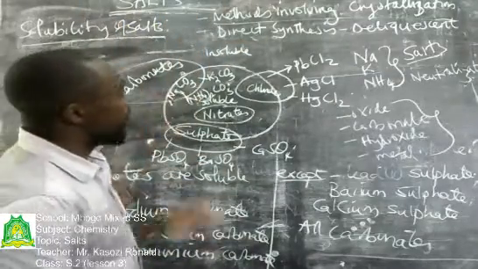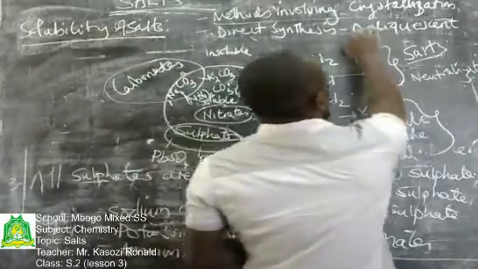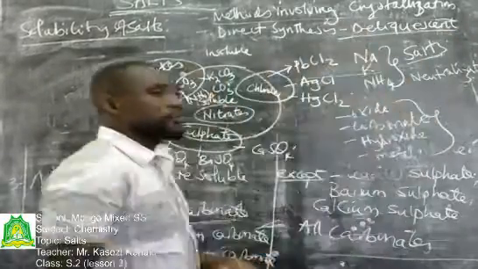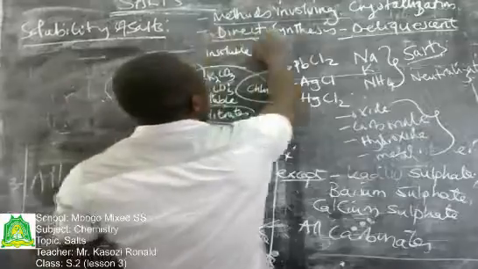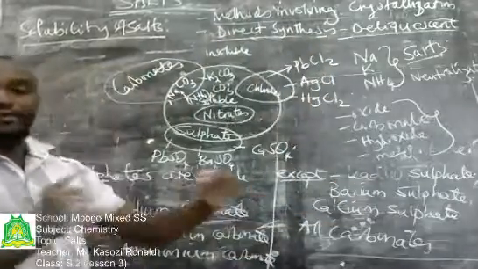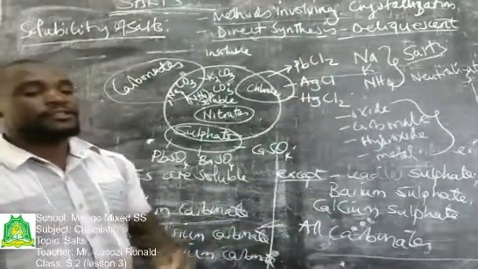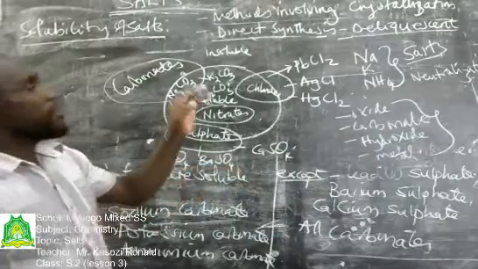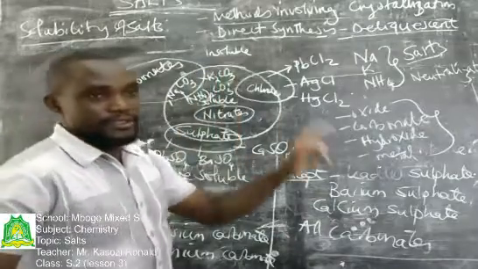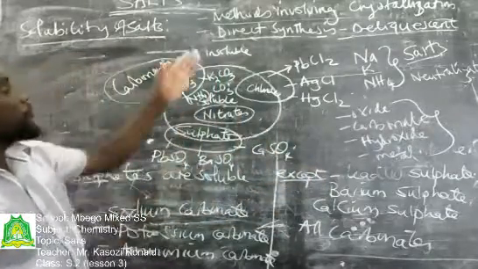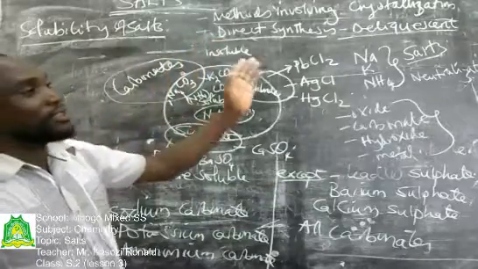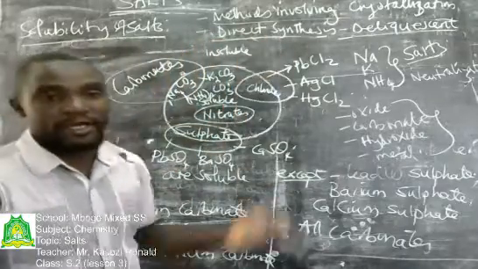Direct synthesis works most especially on deliquescent salts, and direct synthesis means direct combination of the elements. For instance, if you are preparing anhydrous iron 3 chloride, you have to heat iron directly in dry chlorine gas.